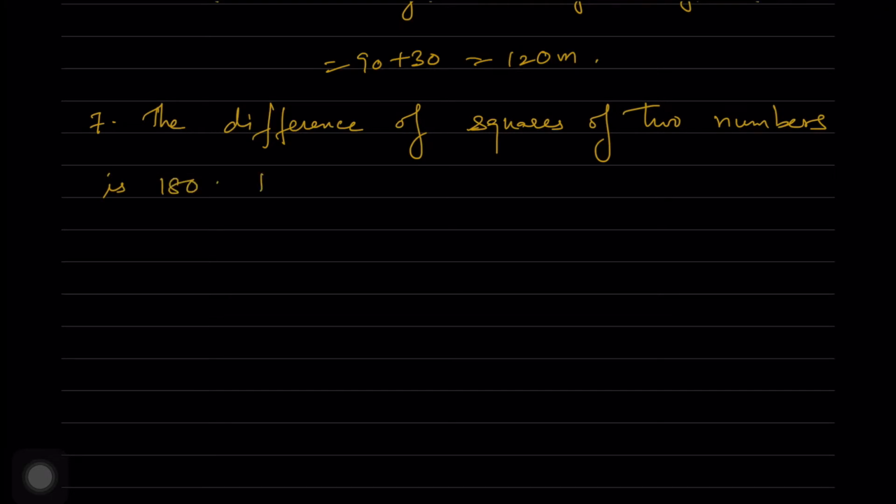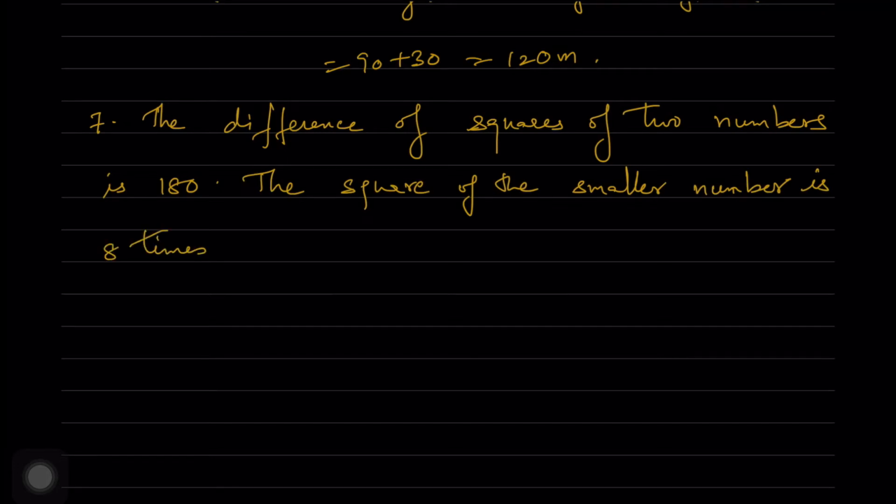The square of the smaller number is 8 times the larger number. Find the two numbers.